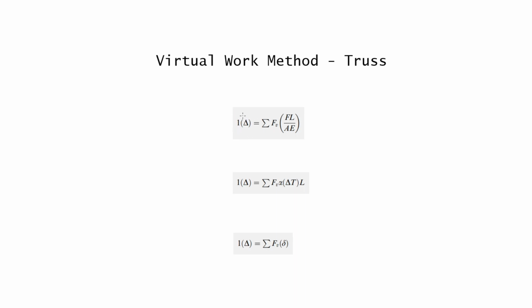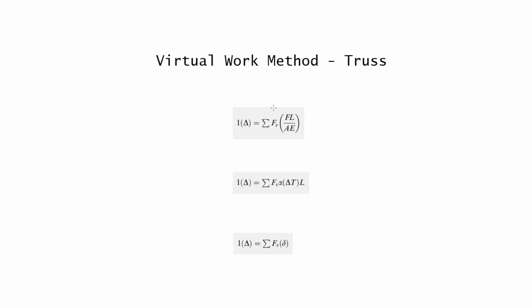So, 1 dito, as you all know, ito yung unit load natin. Okay, so sa truss natin, ang niloload lang po natin dito is 1 unit concentrated load. Okay, is equal to the summation of FV. So, what is FV?